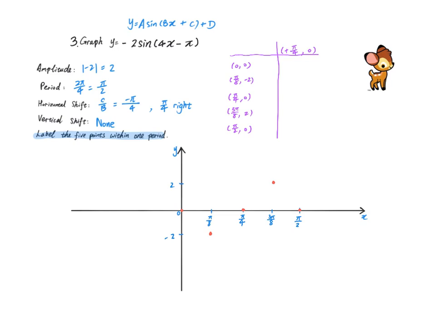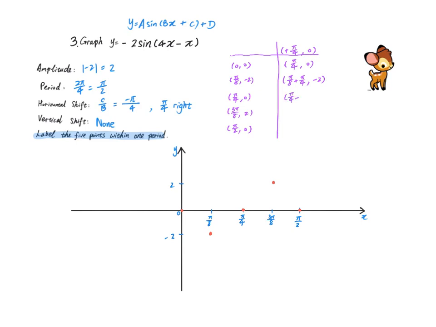So can you guys quickly figure out what these new x values are? The first number obviously will become pi over 4, 0. Now it will be pi over 8 plus pi over 4, comma, y value does not change, keep as negative 2.